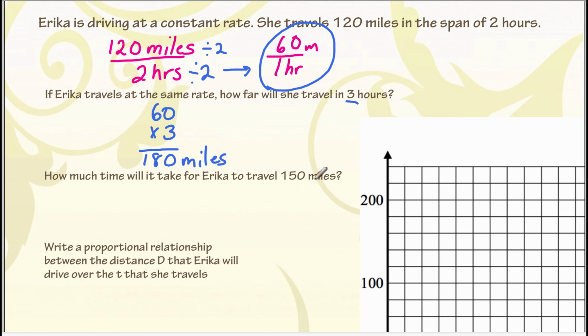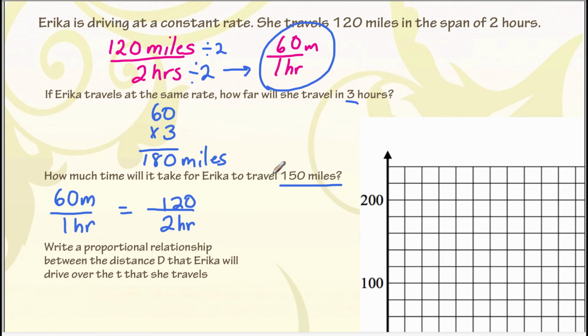How much time will it take her to travel 150 miles? All right, well, that's a little different. She goes 60 miles per 1 hour. Well, if she travels 2 hours, we already know she's going 120.